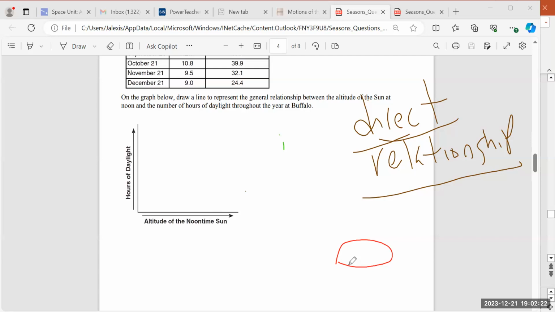All right. So in a direct relationship, it's just a diagonal line. Because a direct relationship means when one category increases, the other category increases. When one category decreases, the other category decreases. One is directly affecting the other, a direct relationship.